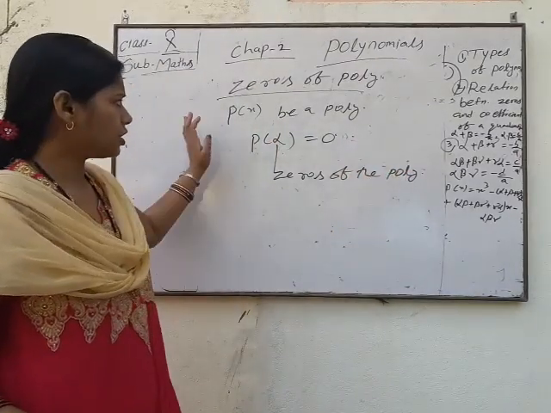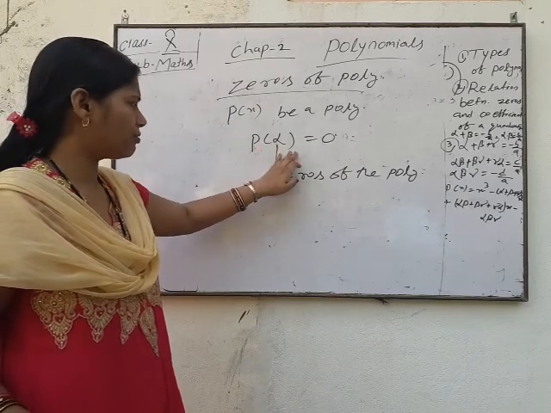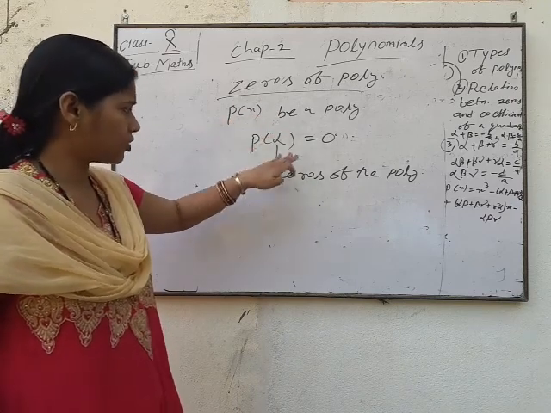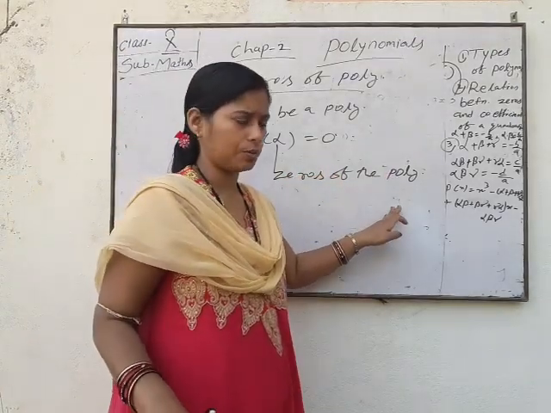Zeros of the polynomial means after putting the value of alpha in p of x, if it is 0, then alpha is called a zero of the polynomial.